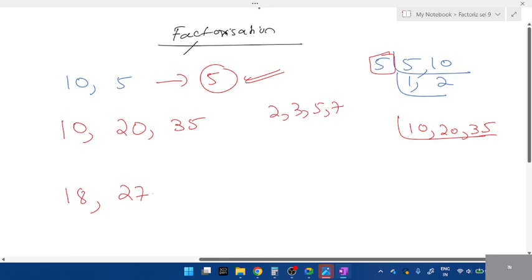Tell me which number goes into all three. 5. 5 twos are 10, next 5 fours are 20, and here 5 sevens are 35. Anything else common apart from 5?